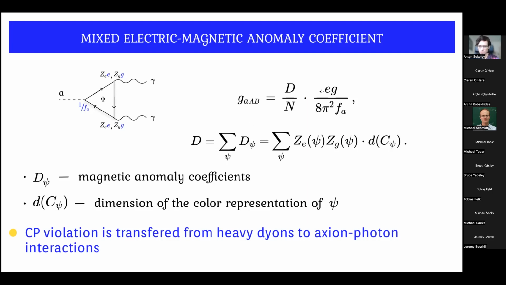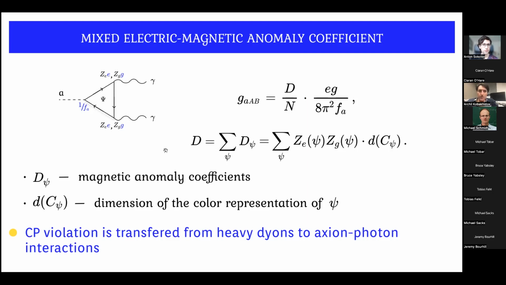One of the contributions will be proportional to e times g, and you can introduce the dyon anomaly coefficient. I'm sorry, here there should be dyon instead of magnetic, or mixed electric-magnetic anomaly coefficients, which are proportional to the product of electric and magnetic charges of these heavy dyons.